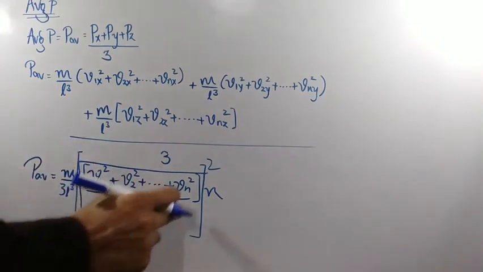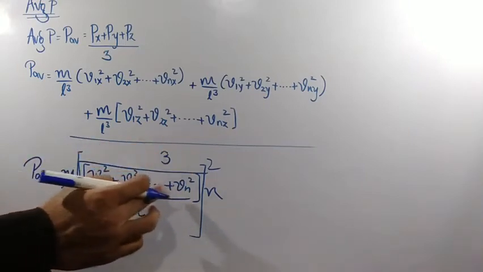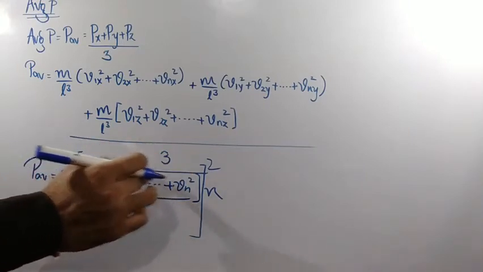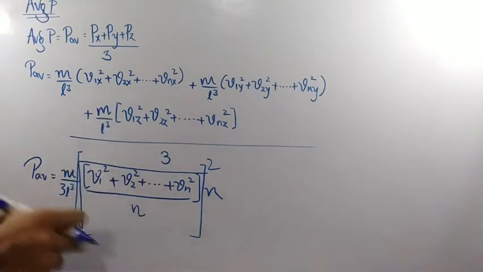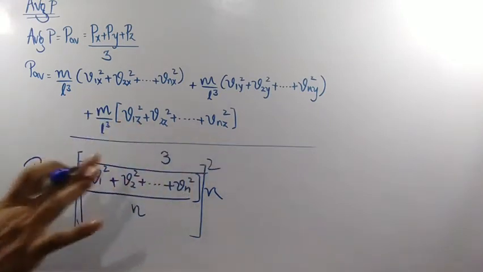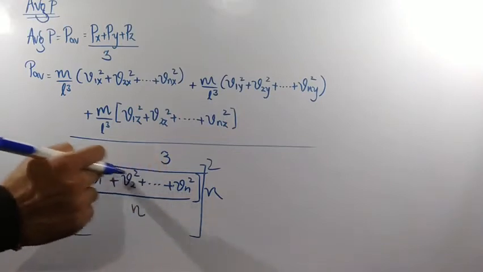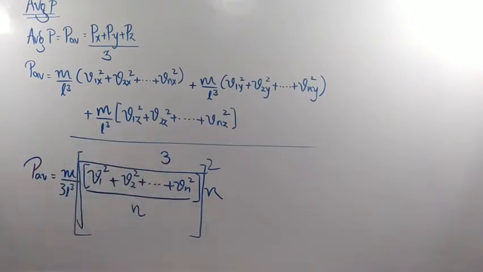This complete term we are going to call the root of the mean of velocity squares. This complete term is known as root mean square velocity. Sorry, this is square velocity. Root mean of squares of the velocities.